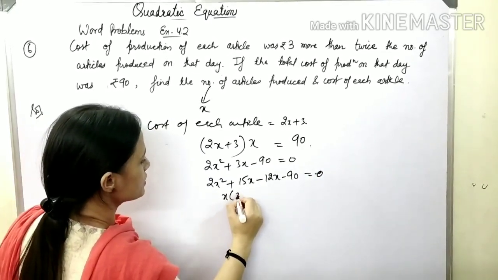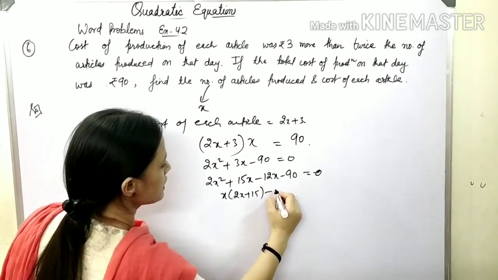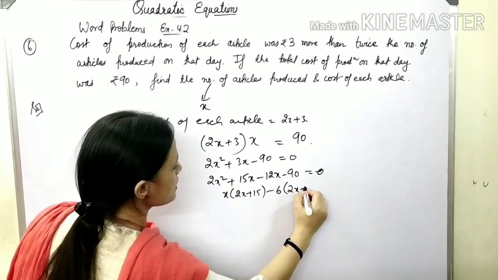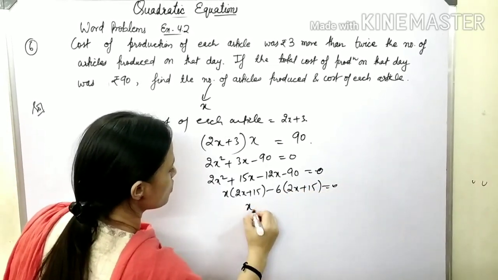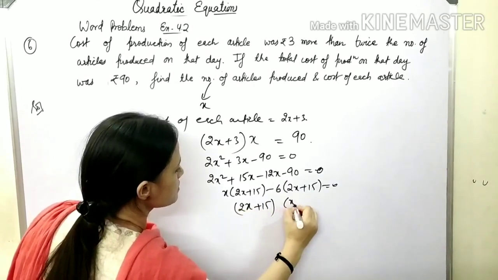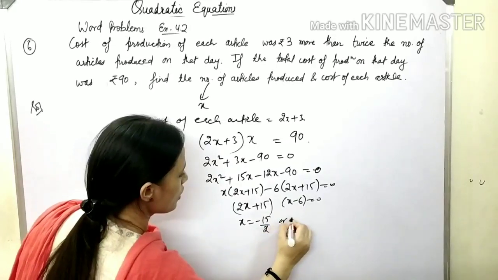So x is common, 2x plus 15. Here also we can take 6 as common and we are left with 2x plus 15 equal to 0. So we are getting the factors 2x plus 15 and x minus 6. x is equal to minus 15 upon 2 or x equal to 6.